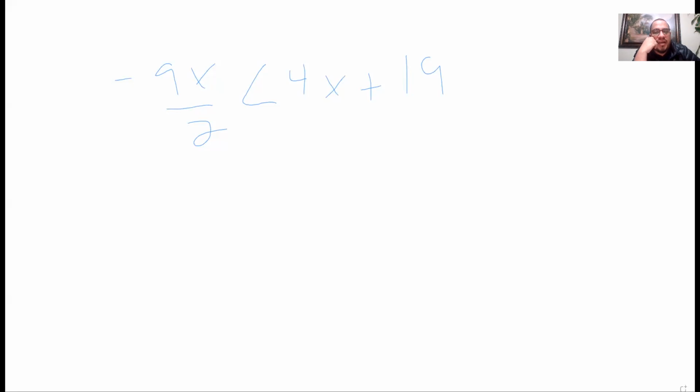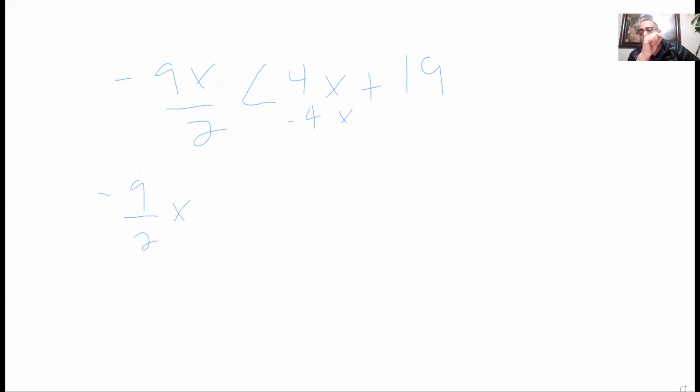I've decided to isolate my x on the left side. Now we're going to subtract 4x. It's going to be 9 over 2x minus.